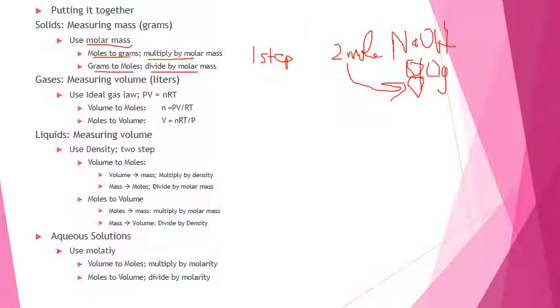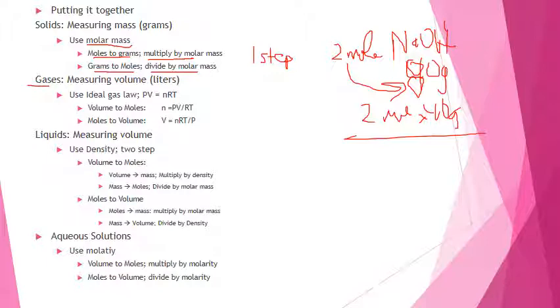So make sure you show me how you get your answer. There's 2 moles, and every mole is 40 grams. So you could just say 2 moles times 40 grams, or 40 grams 2 times, or use dimensional analysis or a ratio. Make sure you do that.